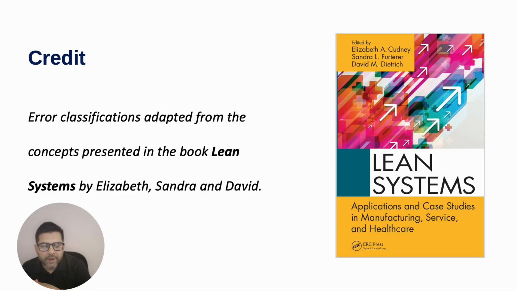Before I move ahead, I just want to give credit to where I got this idea. I was reading this book, Lean Systems, by Elizabeth, Sandra, and David. And in this book, they have mentioned nine types of errors. After reading it, I realized that the same errors are applicable in a healthcare environment as well.